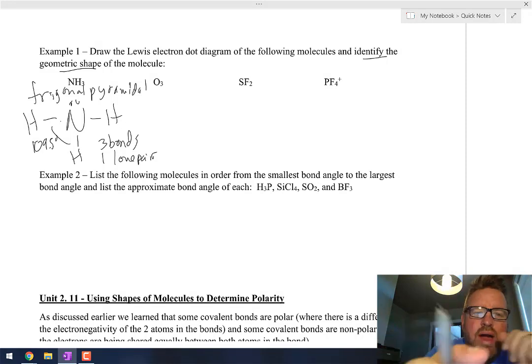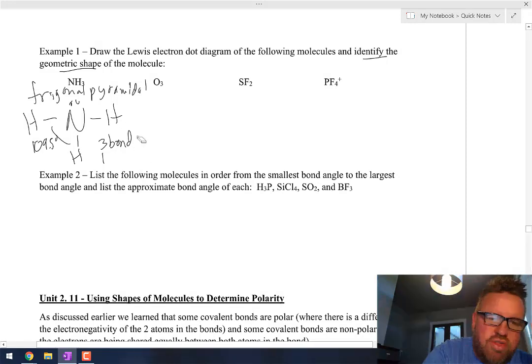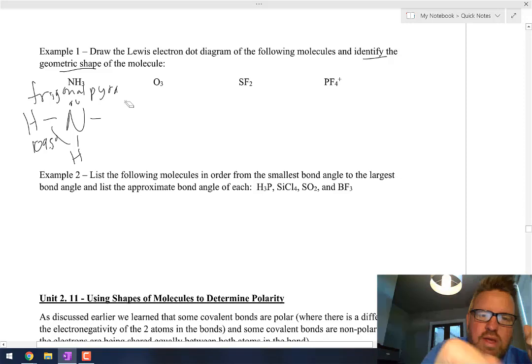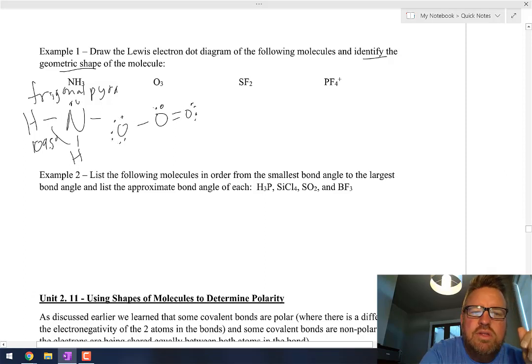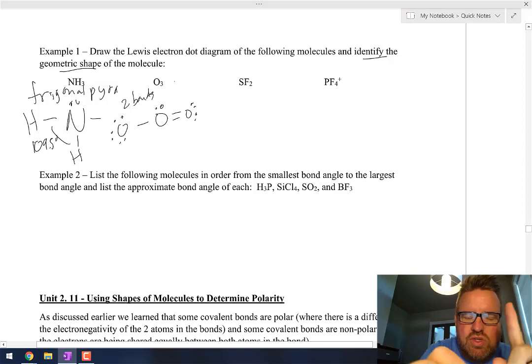Okay, O3 is going to look like this, and I've done this enough that I can do these in my head now. O3 looks like this. So we've got 2 bonds. Remember, a double bond just counts as 1 bond.